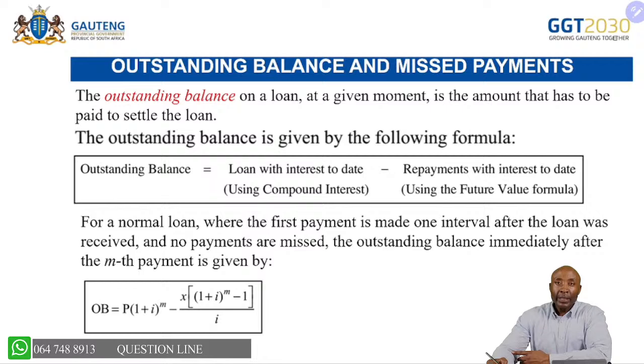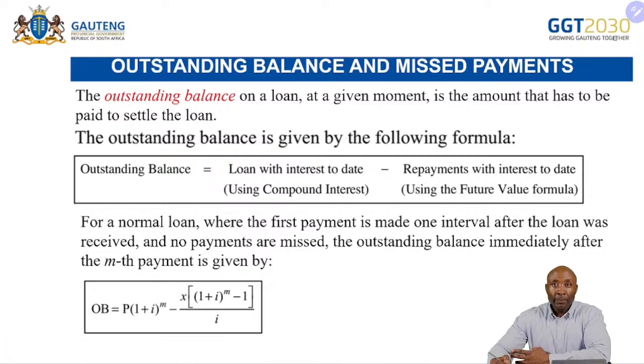So if you have made 20 payments, it means in place of that M, we are substituting 20. You compound grow for 20 months or 20 quarters, depending on how the loan is structured. Where we have our X, those are the monthly payments that you have agreed with whoever you are owing to pay. And then the difference between the two will give us the outstanding balance.